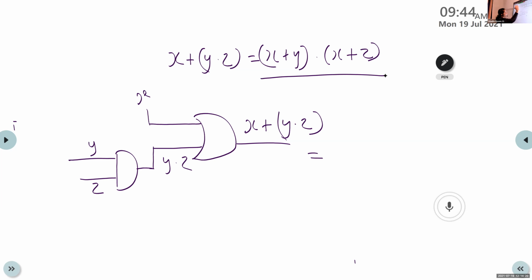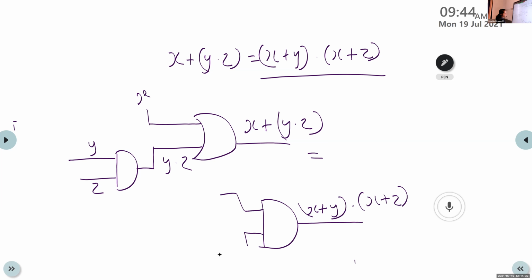AND operator. So this is the AND operator. Then you write the final output, that is X plus Y into X plus Z. Which are the two inputs, Jacob? X plus Y and X plus Z.